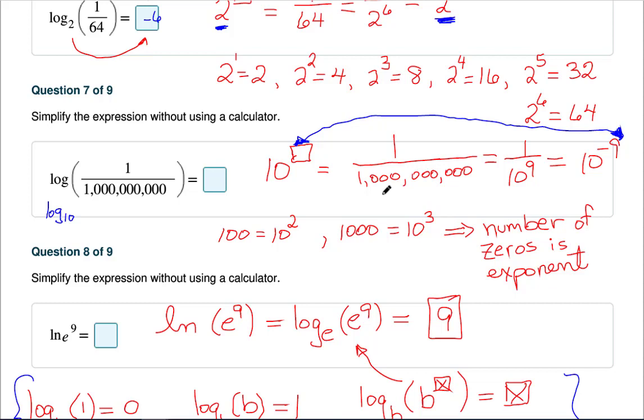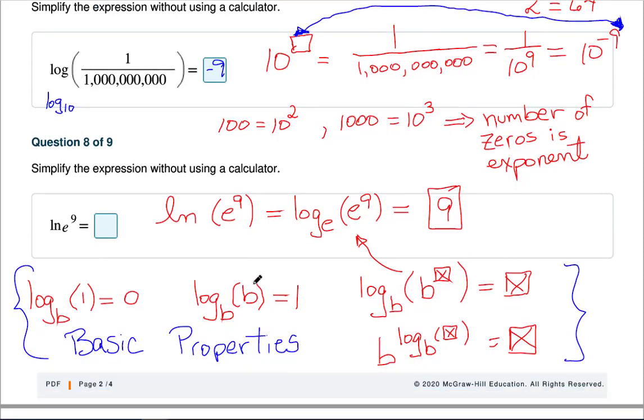So this big giant number, how many zeros are there? 3, 6, 9. So this is really 1 over 10 to the ninth. But 1 over 10 to the ninth is 10 to the minus 9. And again, reading the outside pieces, we see that the thing in the box must be minus 9.